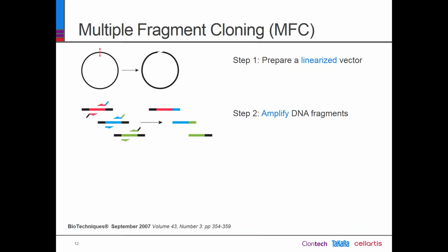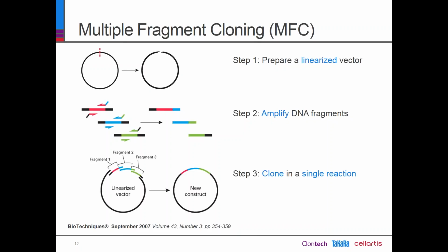Then you amplify these fragments using PCR as you would usually do. You combine all of the fragments and the linearized vector with the In-Fusion enzyme and you incubate it. You transform competent bacteria and screen for the clones. So even if you do something complicated like this, like three-fragment cloning, the efficiency will be very high.